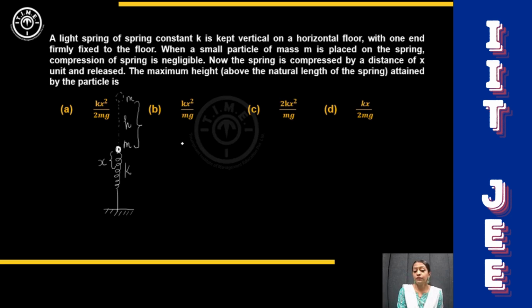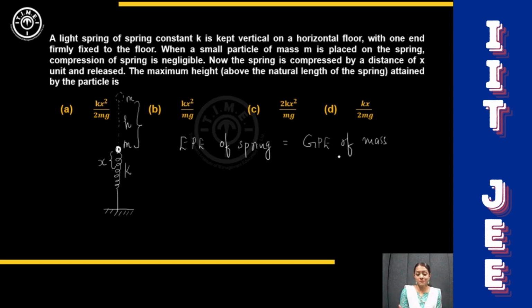So what is the form of energy conversion taking place here? Yes, when the spring is compressed, it stores some energy which is called elastic potential energy. Now when the spring is released, the mass is rising to a certain height. That means the elastic potential energy of the spring is getting converted to gravitational potential energy of that mass, isn't it?